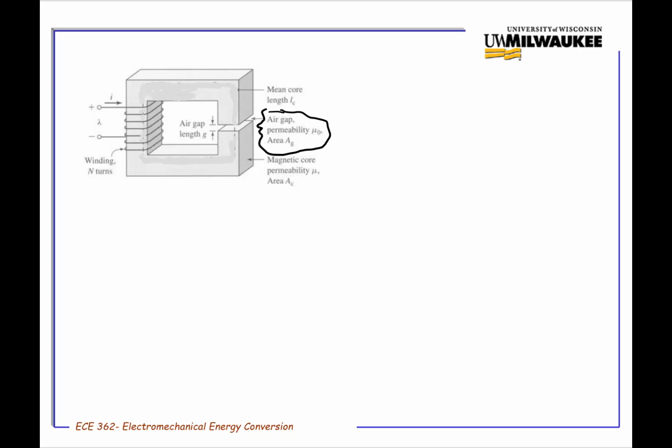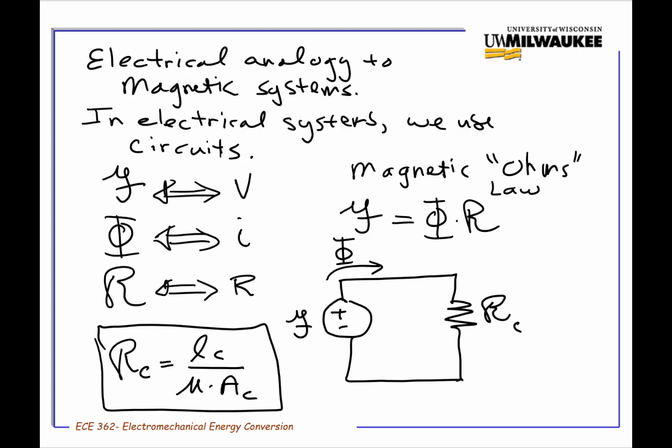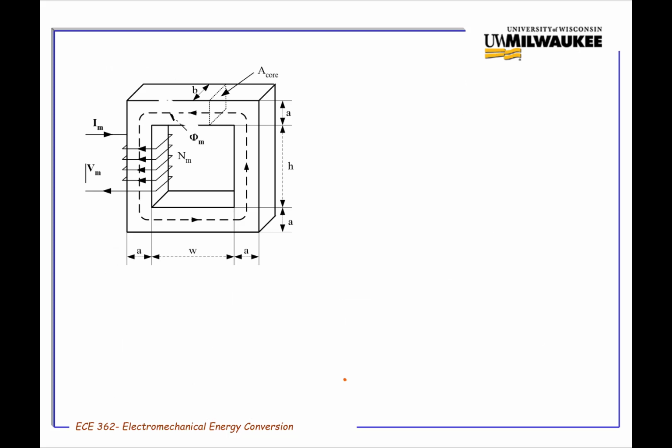And so if I can look at this system, I can say, let's look at the core. Everywhere in the core, this is a simple core. It has a dimension A, or what was it, B and A, I think.